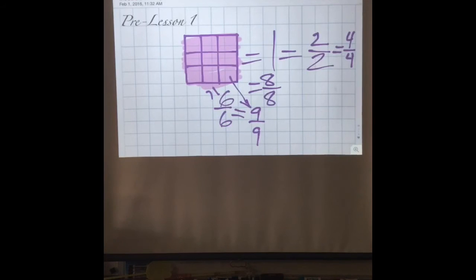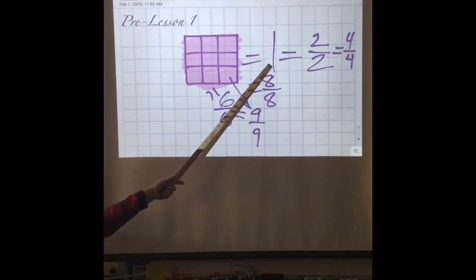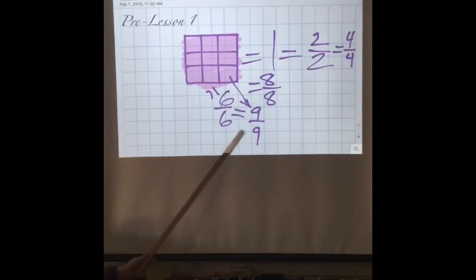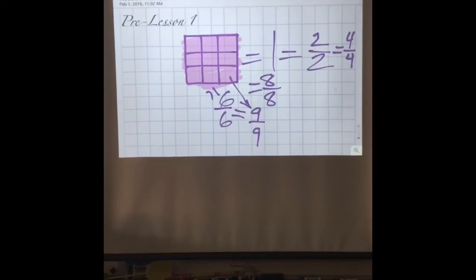It equals 4 over 4. It equals 2 over 2. It equals 1 whole. These are all 1 wholes. Wow. You okay with that? No troubles? Because we have 1, 2, 3, 4, 5, 6, 7, 8, 9. We've got 9, and we have them all, don't we? We have all 9 of them.